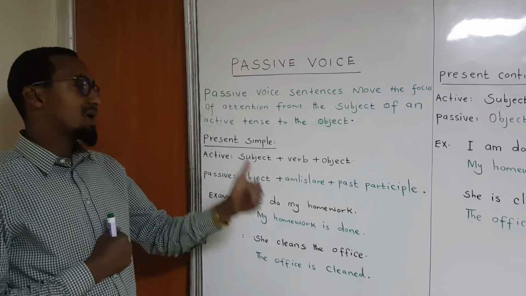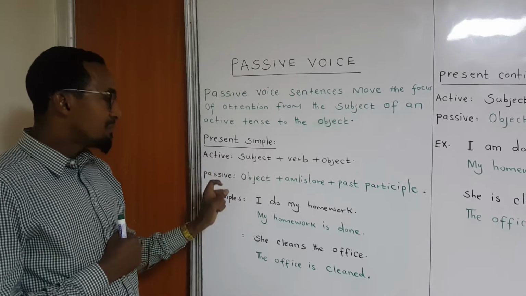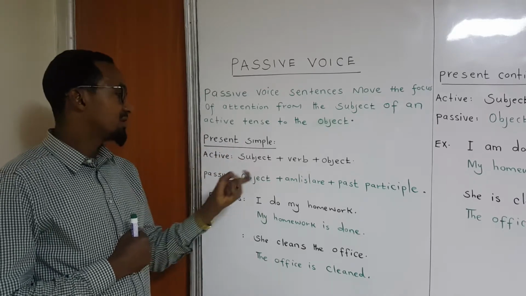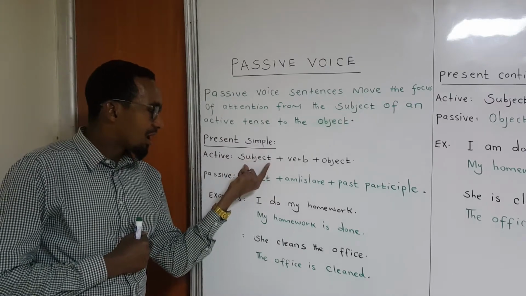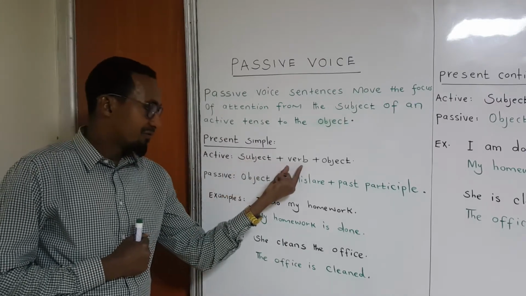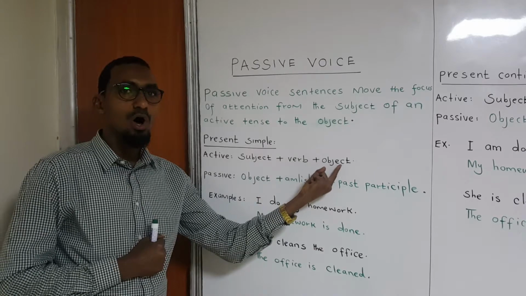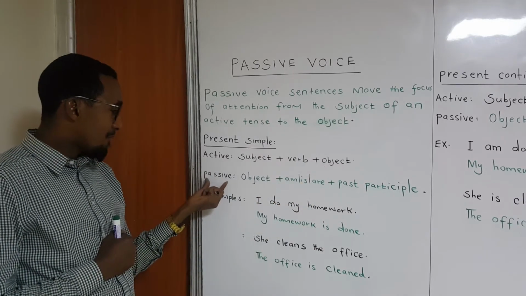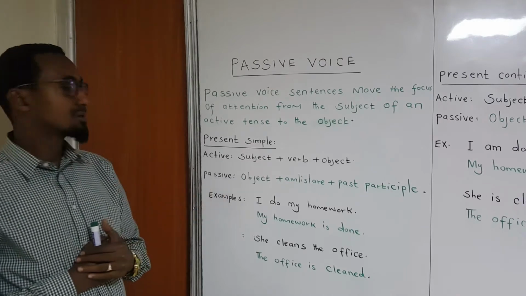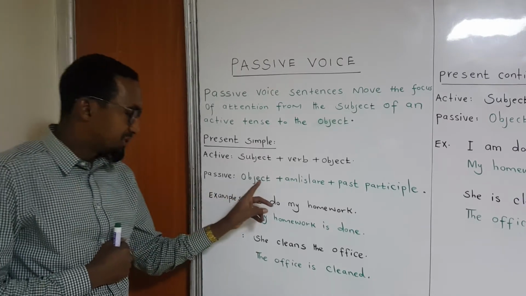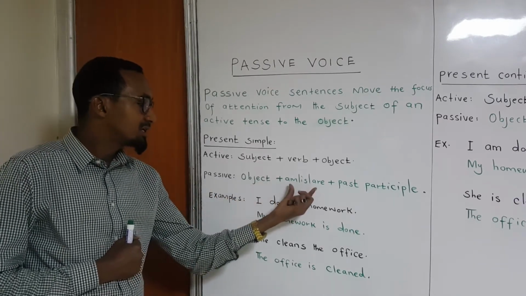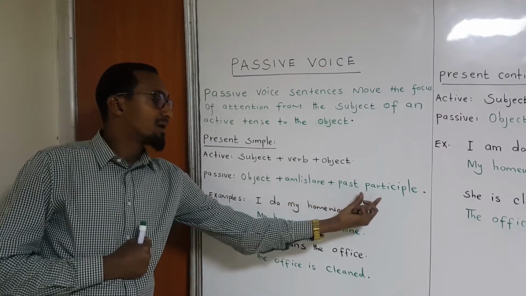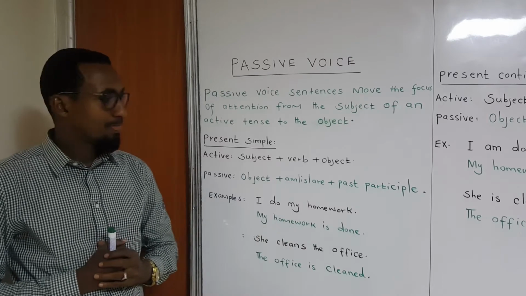As I said earlier, we form the present simple by using the subject pronoun plus verb plus object. When we want to form the passive voice, we start with the object, but we add the verb to be: am, is, and are, plus past participle.